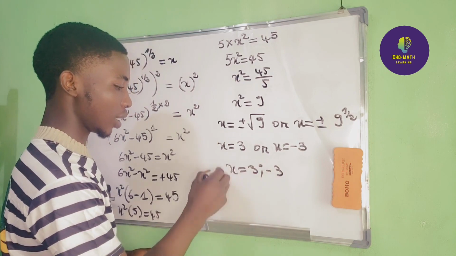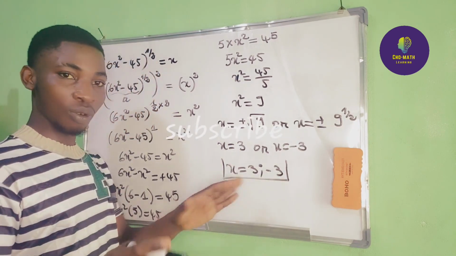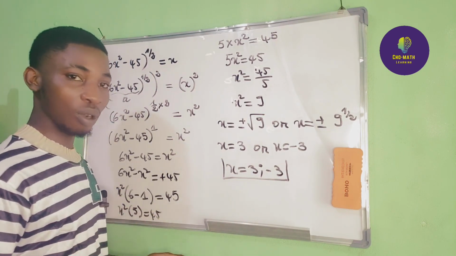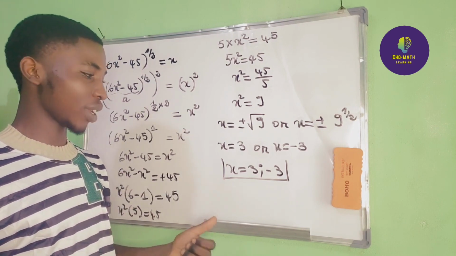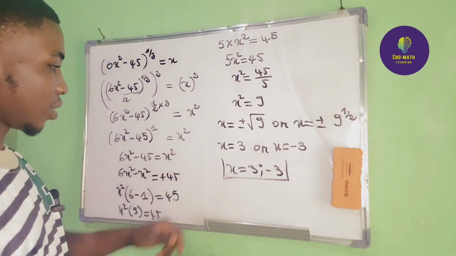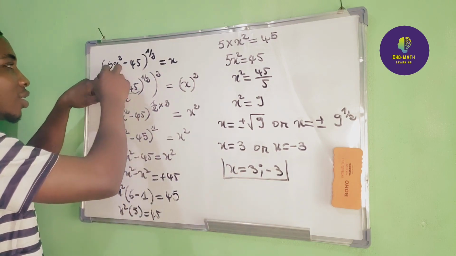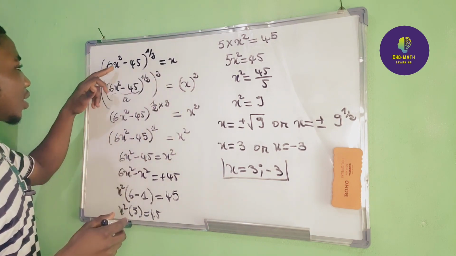We're going to write it like this. So we have the value of x. At this level, we are not done. You need now to check if your values of x are wrong or if they are correct. So we're going to replace the value of x here, and we'll see if this side will be equal to this side. So we have 6x squared.